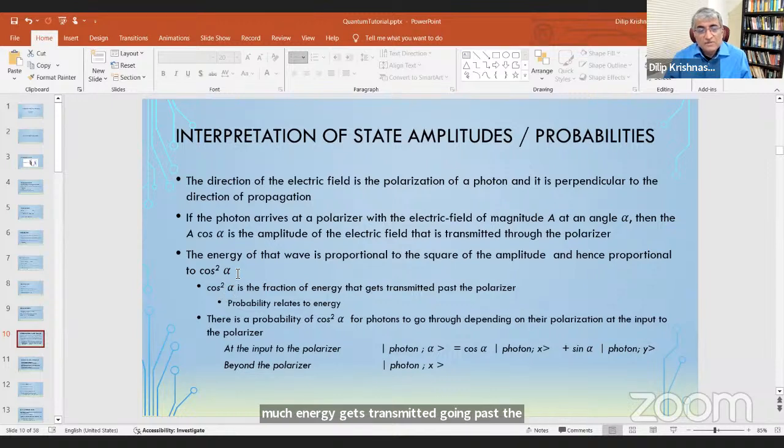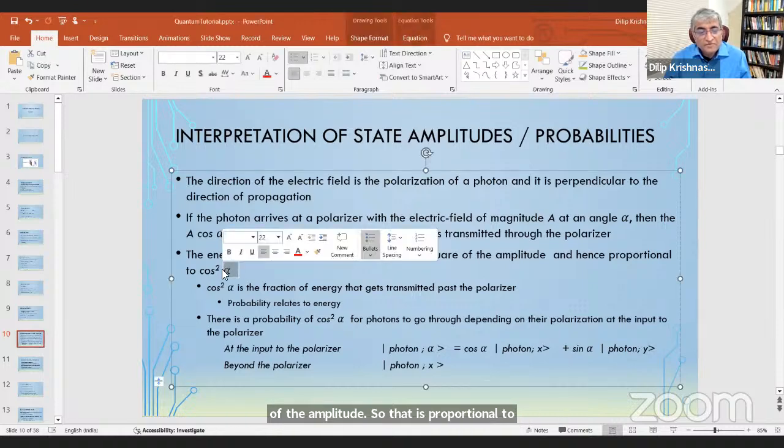And so if you think of the photon arriving with a magnitude A at an angle alpha, then think of A cos alpha as the amplitude that is going through the polarizer. Then effectively, we know energy is the square of the amplitude.